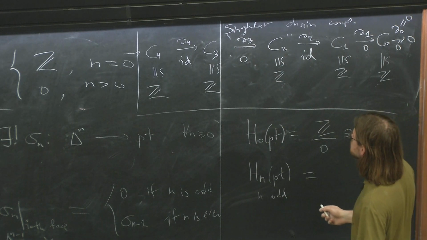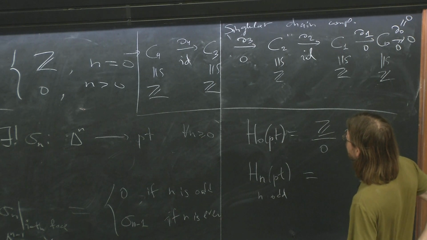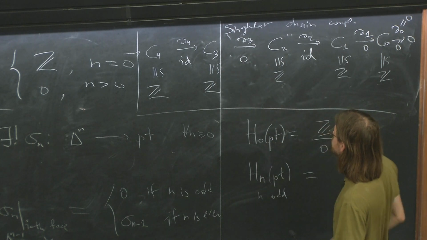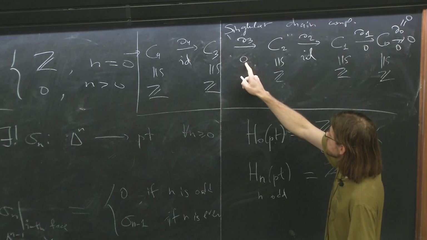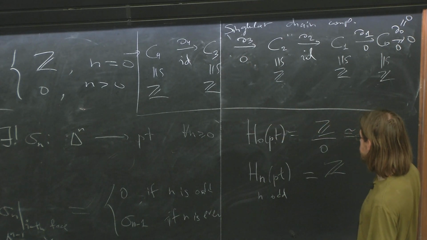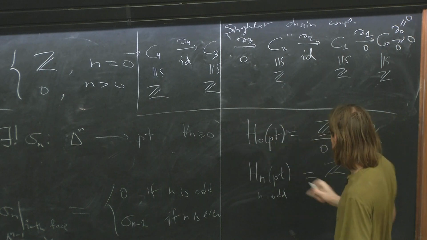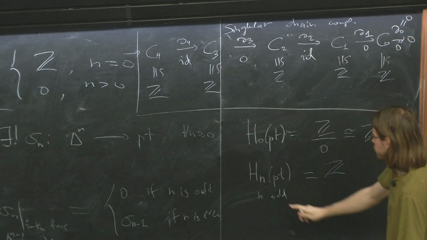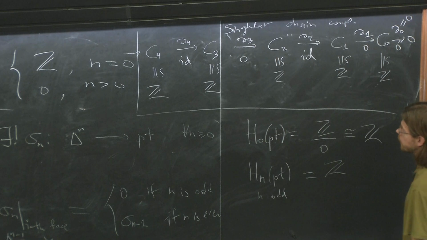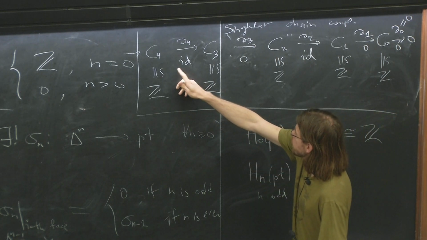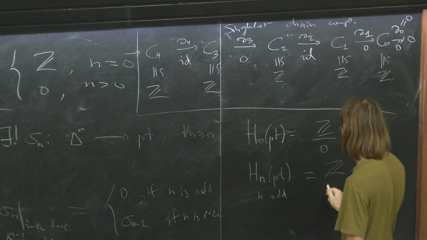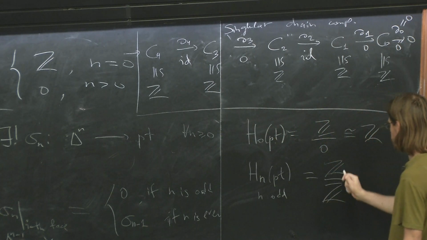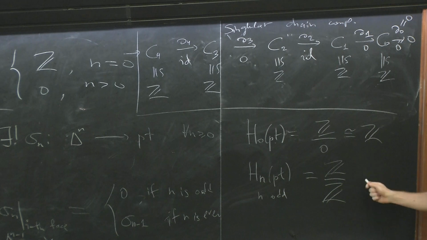The kernel of D3 will be the whole space, Z, since D3 is 0. And the previous map is the identity, so the image is the whole Z as well. So it will be Z divided by Z. We quotient with respect to the whole group, and the result is a trivial group.